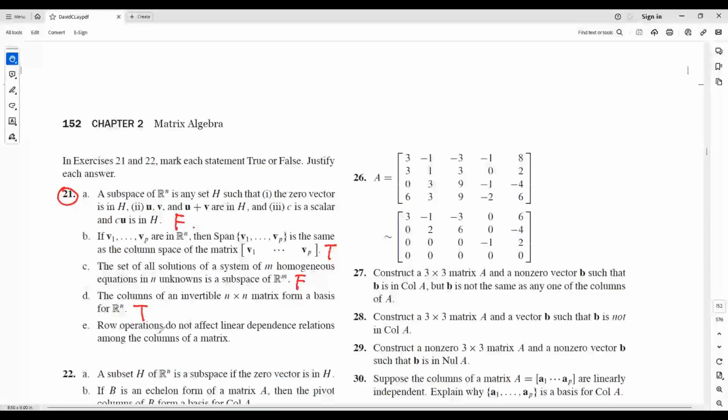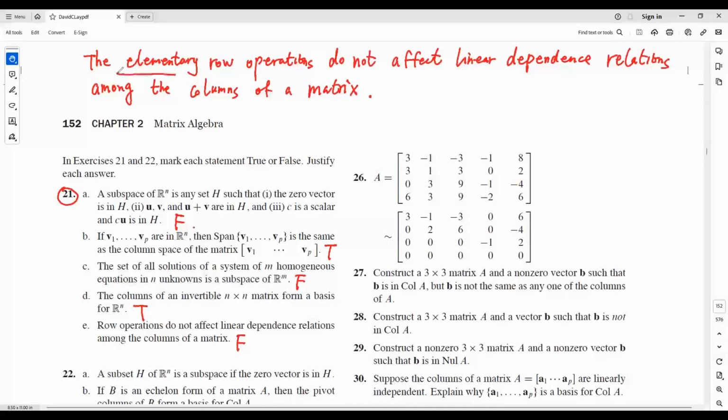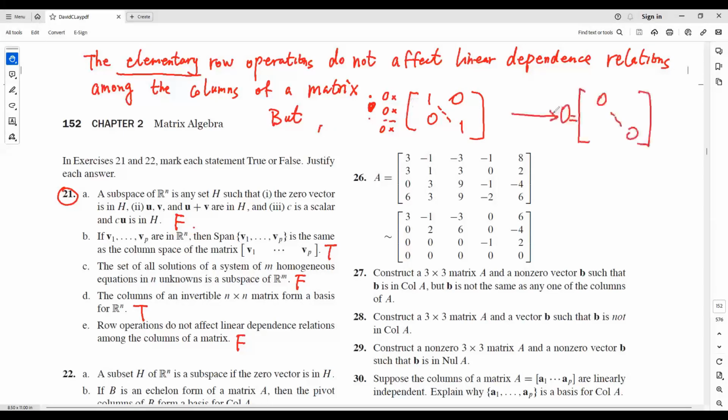E. Row operations do not affect linear dependence relations among the columns of a matrix. False. Elementary row operations do not affect linear dependence relations among the columns of a matrix, but for the identity matrix, if every row is multiplied by 0, then we get the zero matrix.